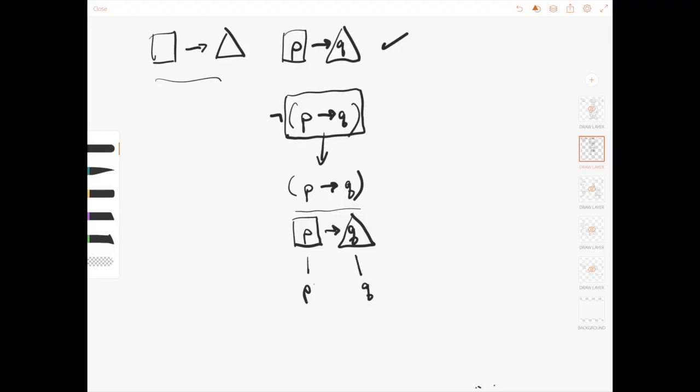Now notice, when we get to this level, we just have an atomic propositional variable with no operators or anything going on, and so we can see how in this chain we build up.